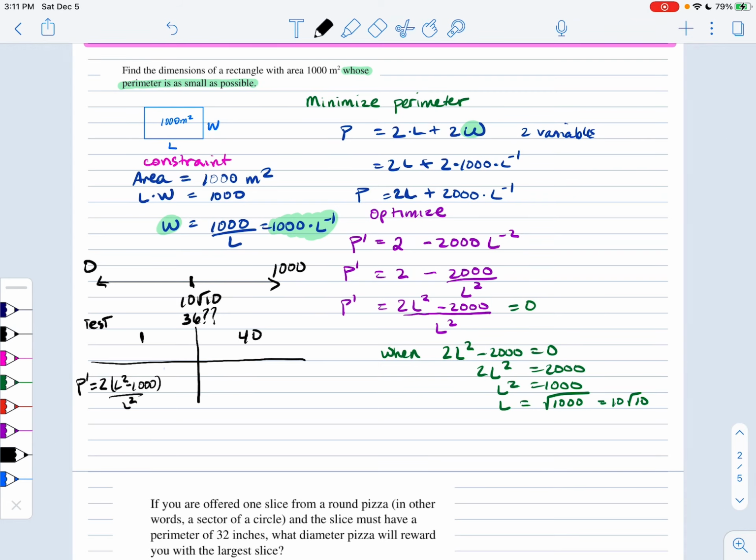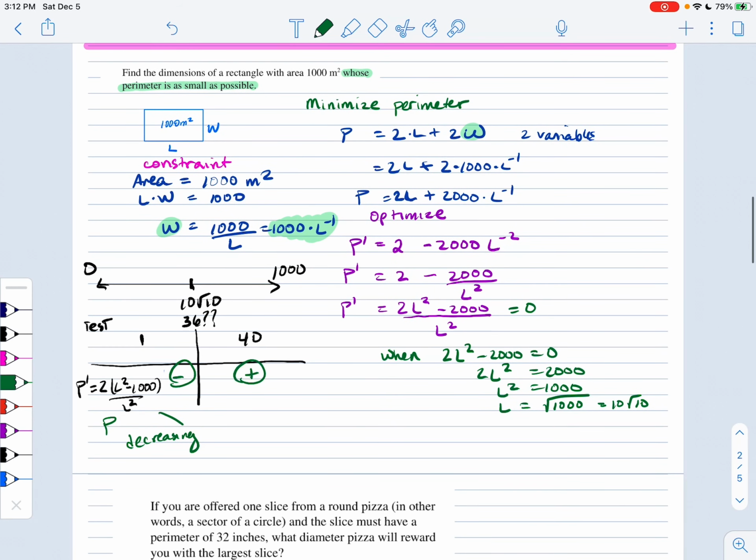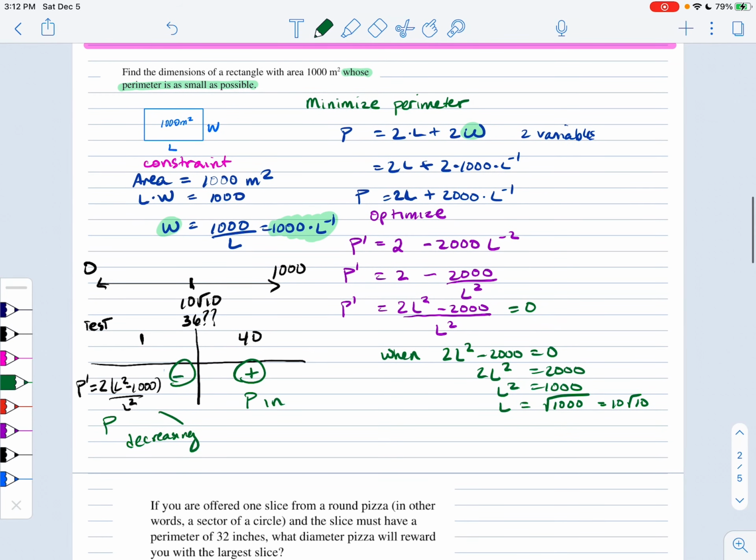And if I pick positive 1, I'm going to end up with a negative value, so that tells me that P is decreasing. If I pick 40, 40 times 40 is 1,600. 1,600 take away 1,000 is positive, and the denominator is positive, so I would get a positive here, so that means my P would be increasing. And so I do see that this is going to be a minimum value, or minimum occurrence, right?